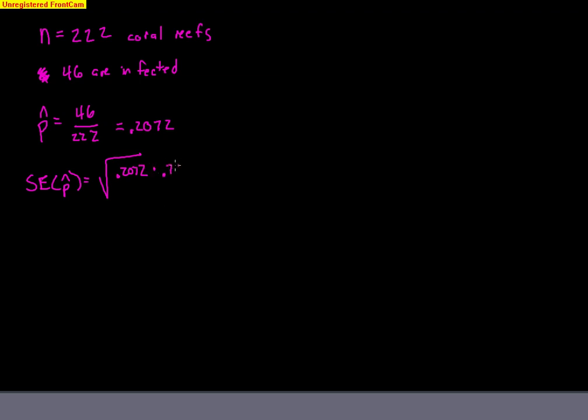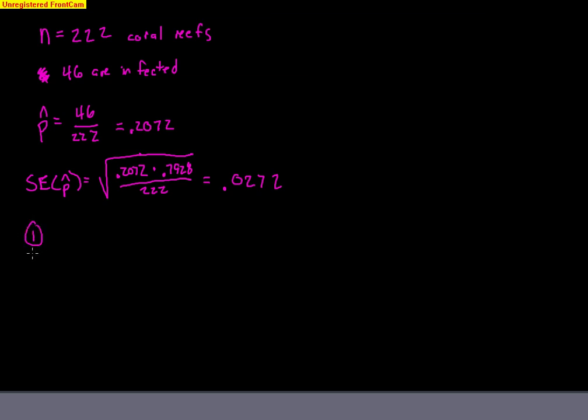So times 0.7928, and divided by my sample size, which was fairly large, 222. So I got the square root of 0.2072 times 0.7928 divided by 222. And that gives me a standard error of 0.0272.